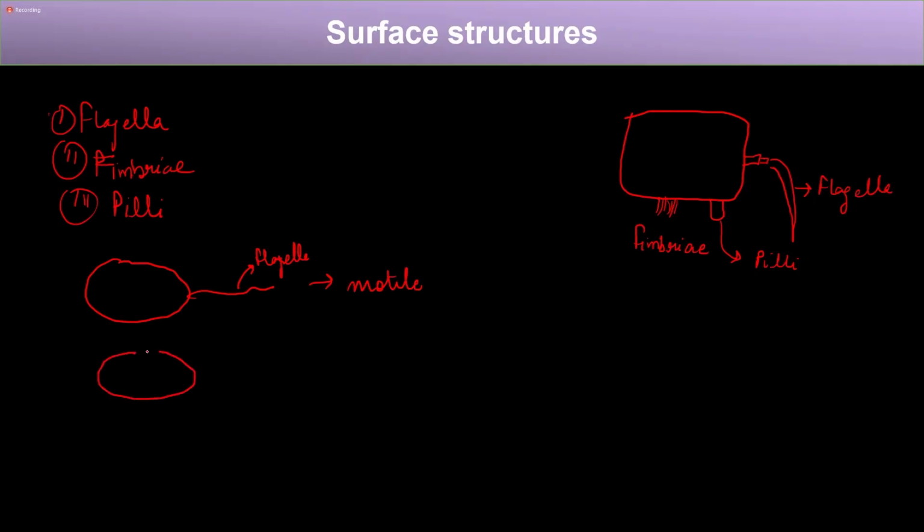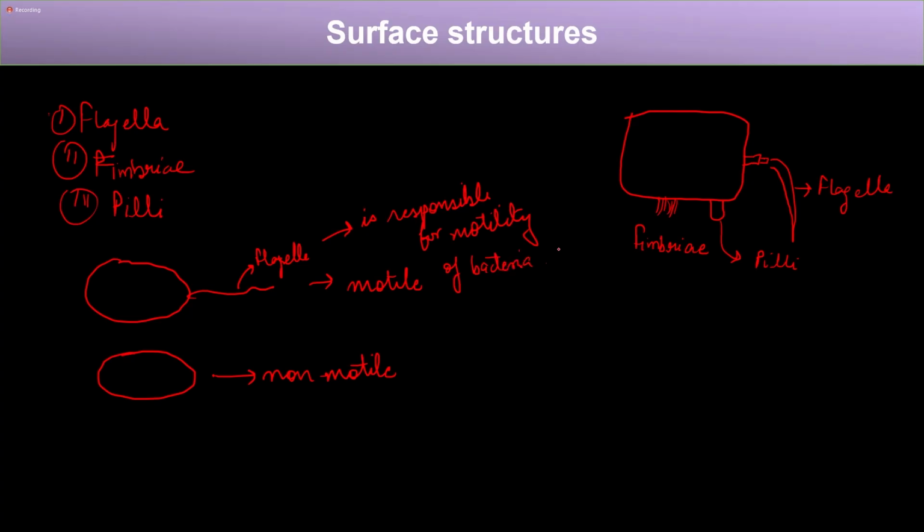If a bacterium has no such long surface structure, then it is called non-motile. So we understood that flagella is responsible for the motility of a bacterium.